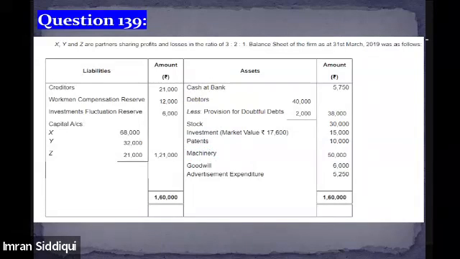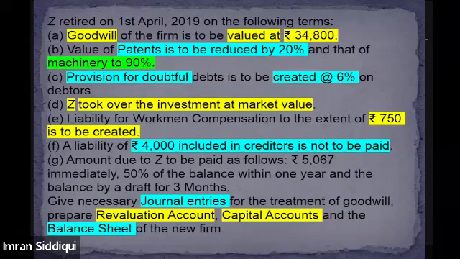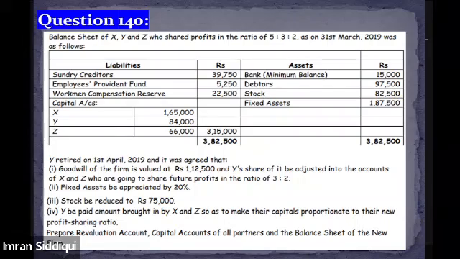So patent earlier was at 10,000. Now it needs to be reduced by 20%. Just a minute.